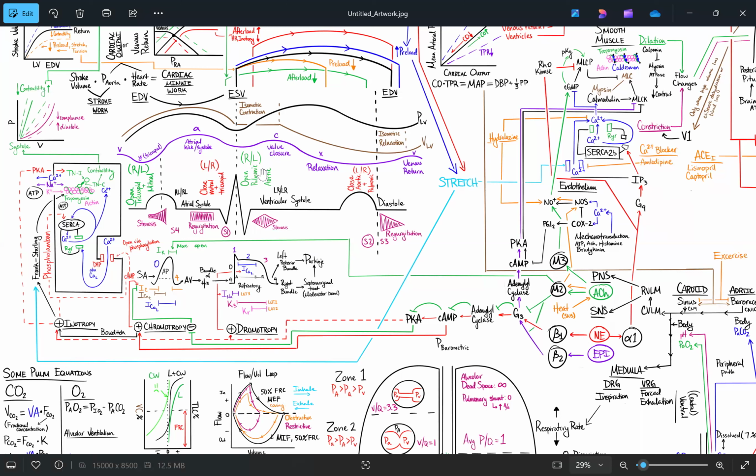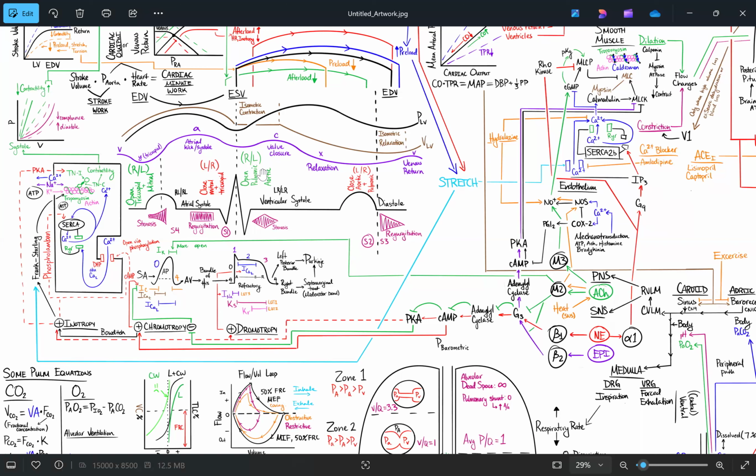Before I forget, two more, sorry that this is kind of unorganized, but two more effects that PKA has are that it'll phosphorylate both TnI as well as SERCA. When it phosphorylates TnI, there's less inhibition on the contractility of the cells through tropomyosin and actin.